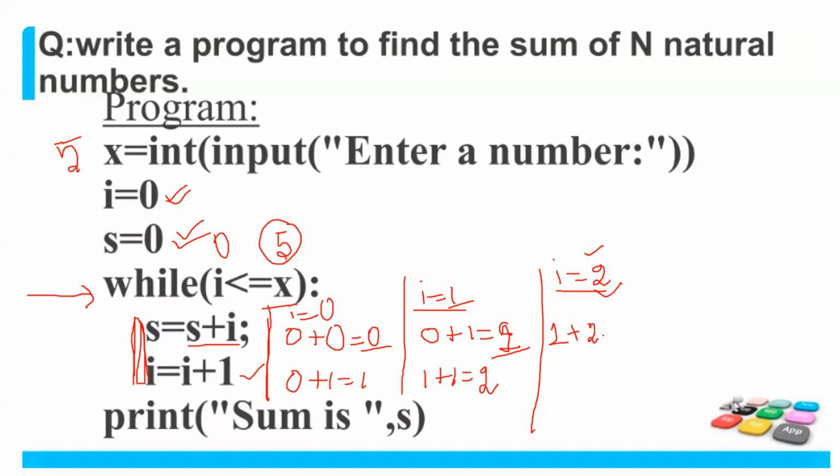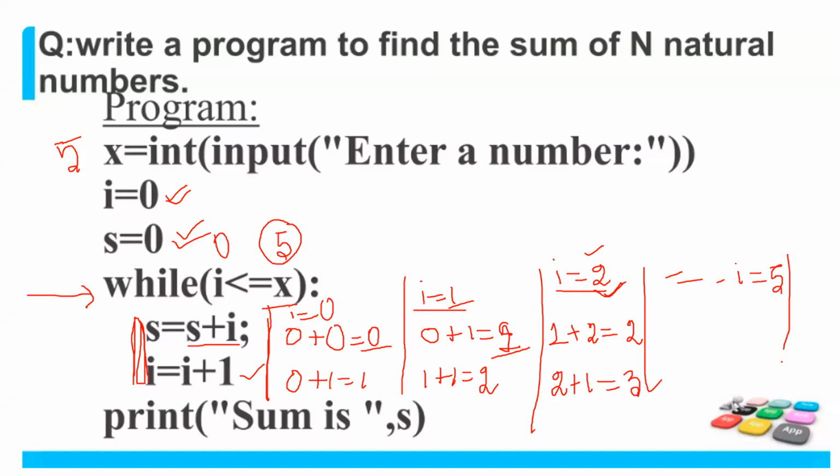So the next calculation will be 1 plus 2 and it will become 3. Again, i will be incremented. The current value of i is 2, and then 1 will be added and now i becomes 3. So this addition and incrementation will move on till the value of i reaches 5.